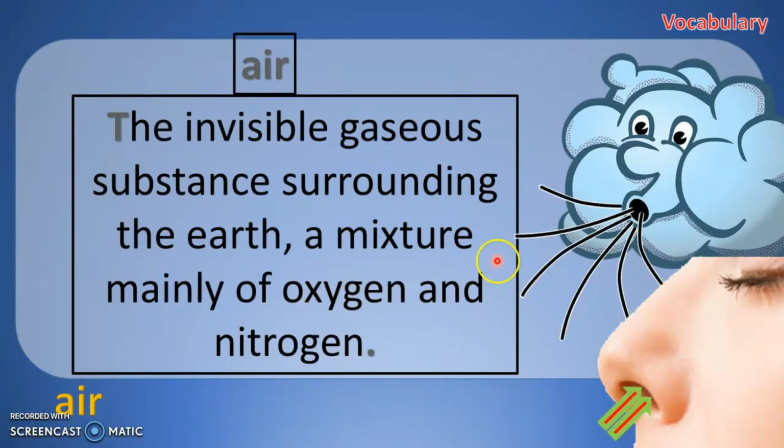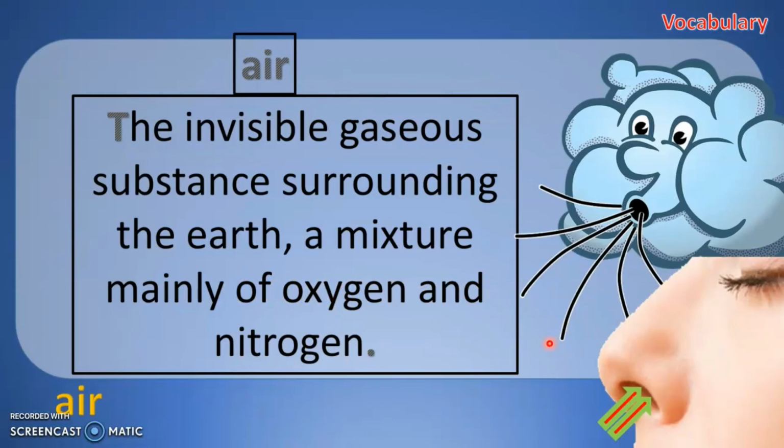Okay, let's start with the word air. As you can see, there is a nose of a lady and an air. So air is an invisible gaseous substance surrounding the earth, a mixture mainly of oxygen and nitrogen.